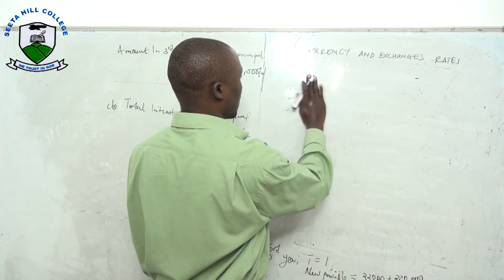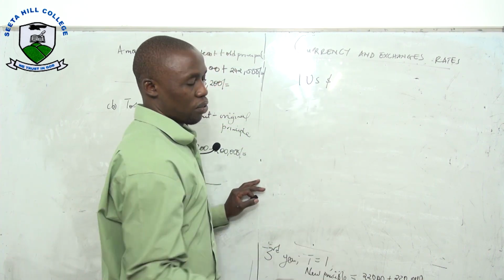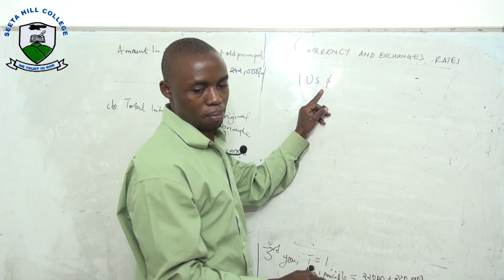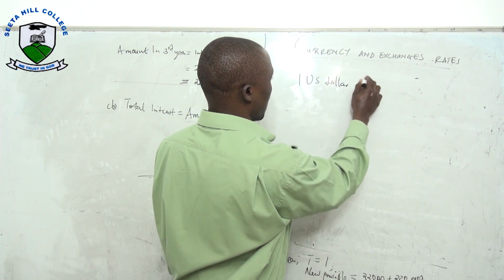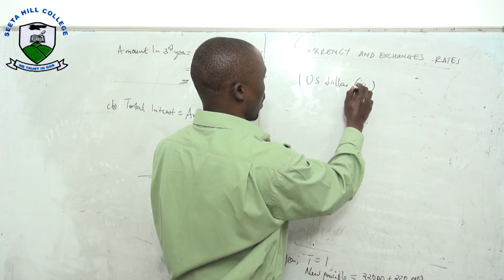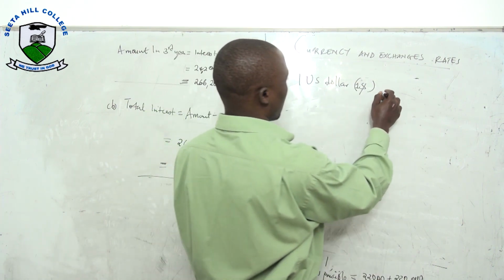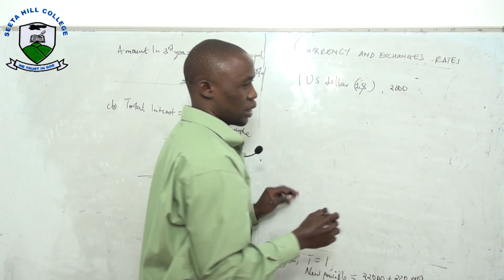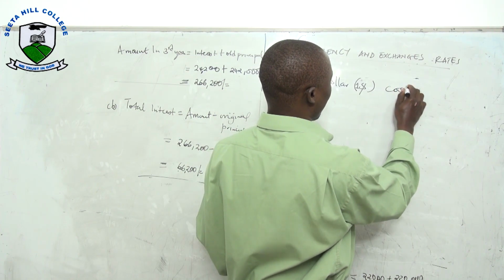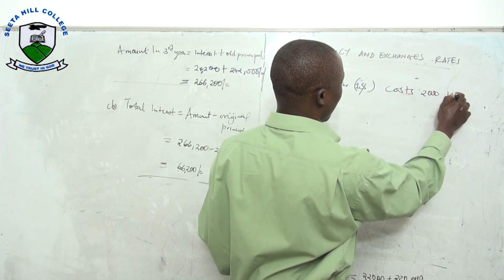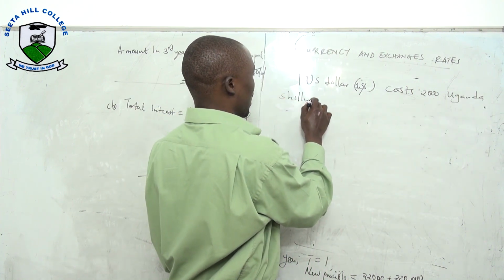Given that $1 US costs 2,000 Uganda shillings. I think right now it's not costing that, not so?